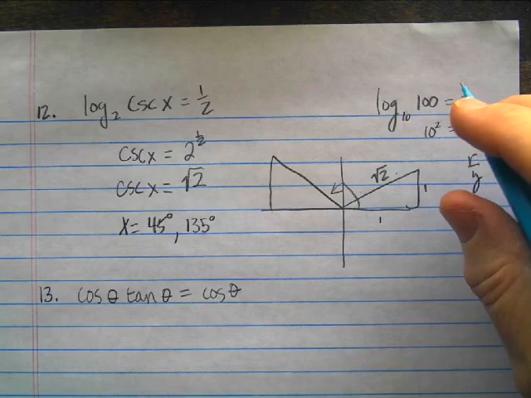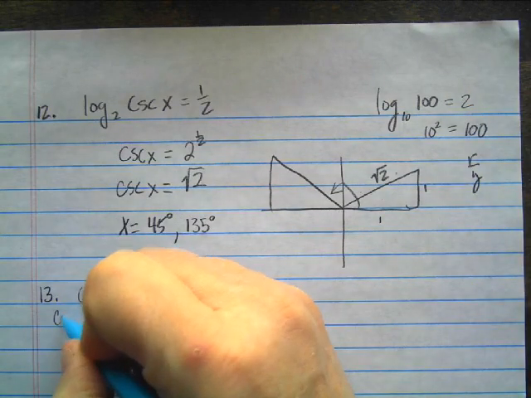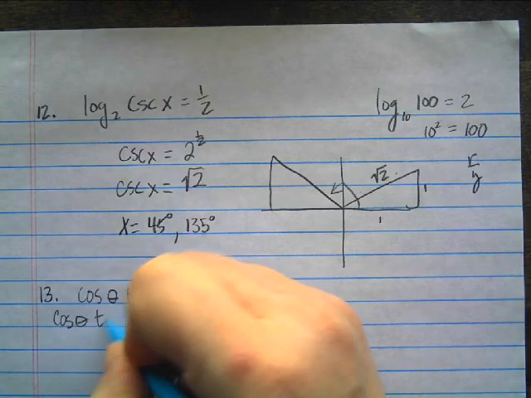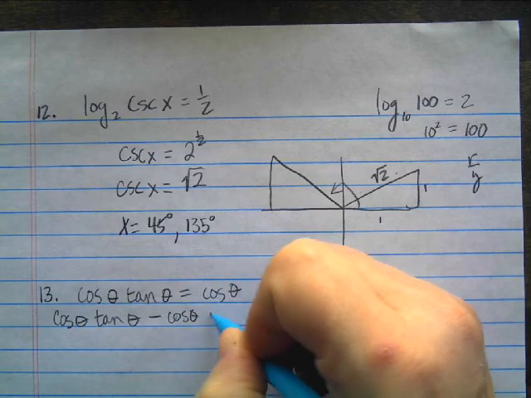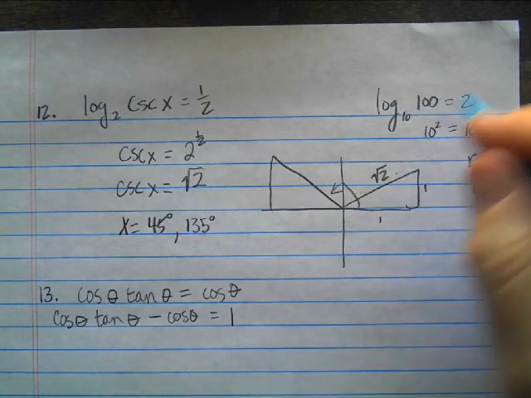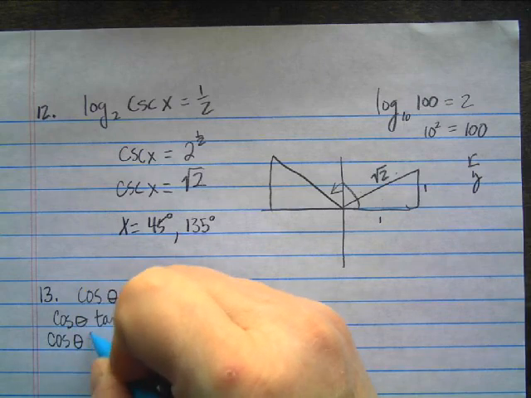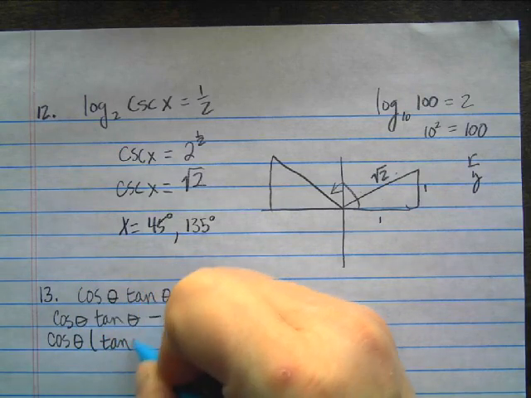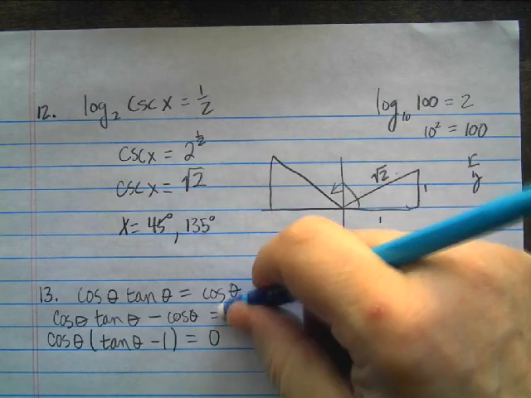You're going to lose one of your answers. So what we want to do is cosine theta tan theta minus cosine theta equals 0, and then factor out the cosine theta times the quantity tan theta minus 1 equals 0.